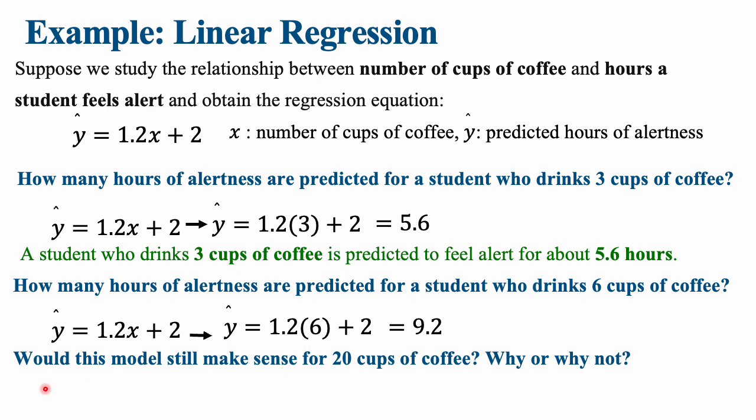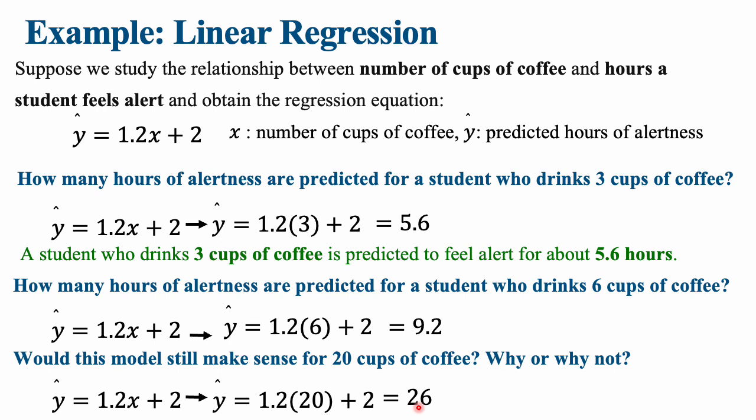How about students who drink 20 cups of coffee? What happens? y hat equals 1.2x plus 2; you plug in x equals 20 cups, so y hat equals 1.2 times 20 plus 2. It's going to be 26.